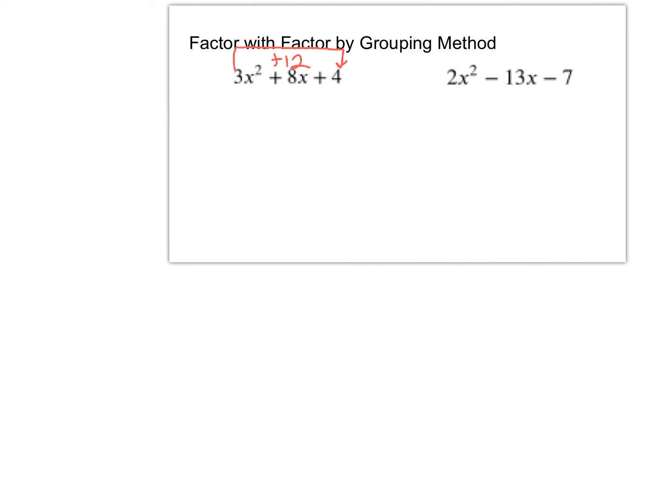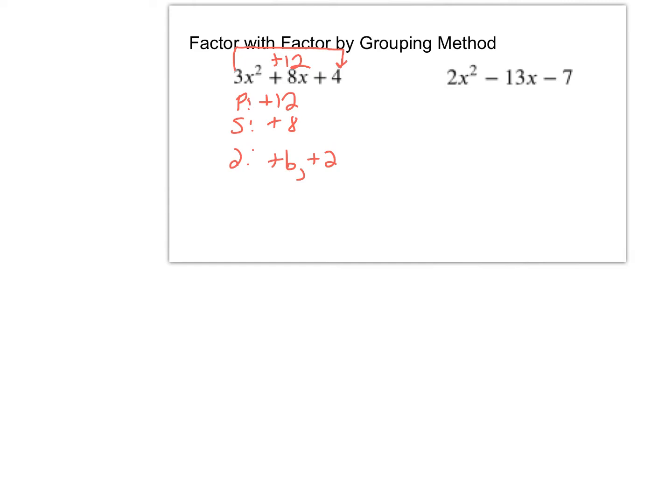Now, with grouping we are still going to use a PS2 here, where the product is going to be positive 12. The sum is going to be a positive 8, and my two numbers that multiply to 12 but add to 8 are going to be positive 6 and positive 2. But now, with slide method we put it in the parentheses and go.